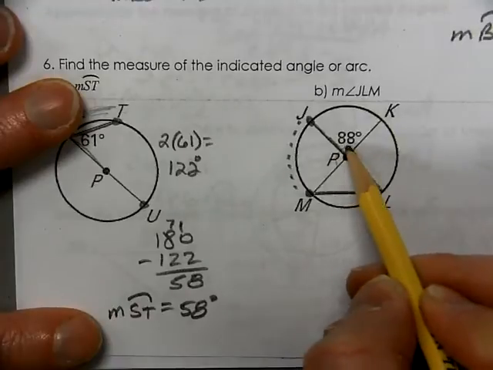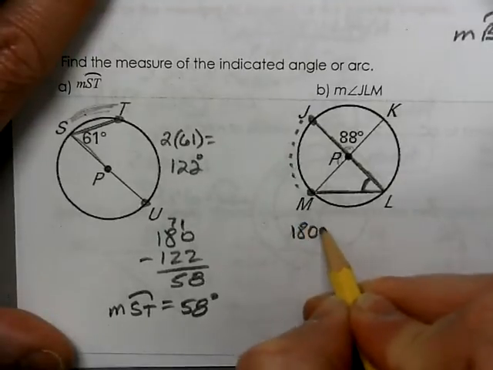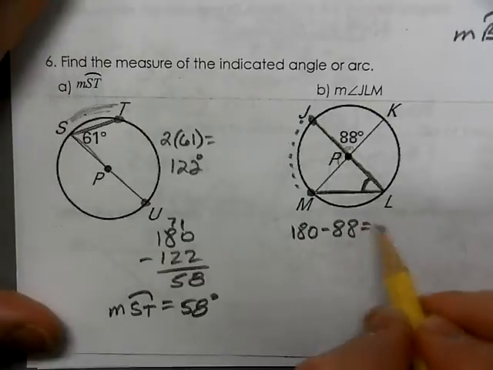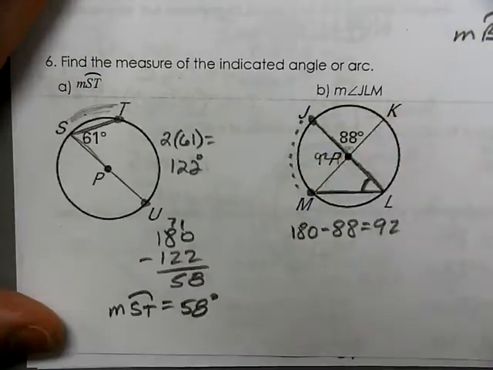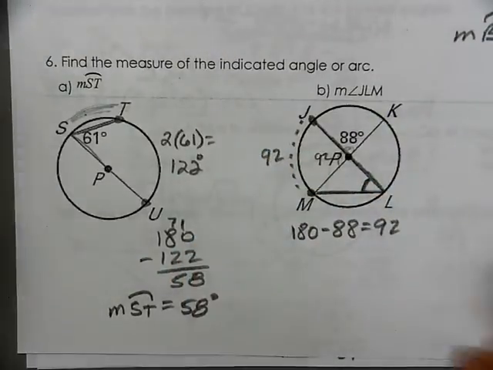I know we have 180 total right there. So 180 minus 88 gives me 92. And we know that the arc is the same as the central angle.